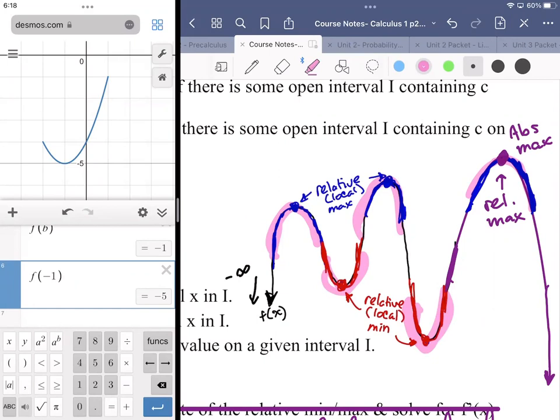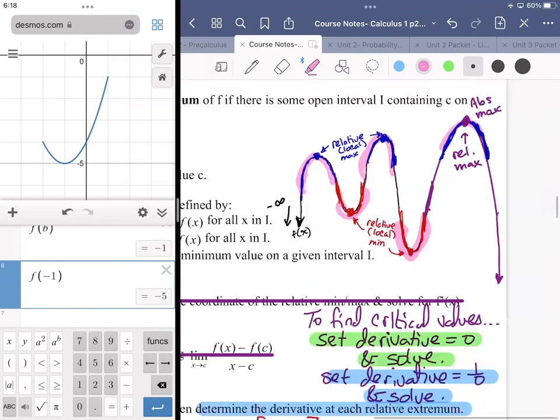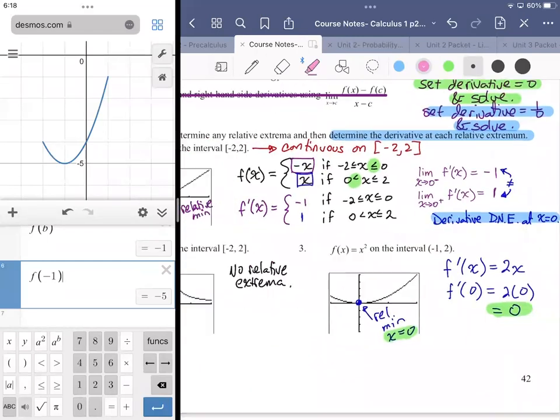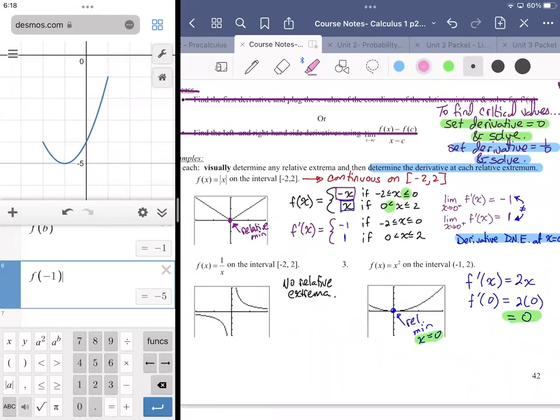Those critical values are instances in which the derivative is either equal to 0 or 1 over 0. Just by identifying the instance in which the derivative is equal to 0 or undefined, just like we did with these graphs here, if we have a nice continuous function, just by identifying the turning point, we can identify the corresponding critical value. But analytically, we tend to want to go the other way, where we're not even looking at the graph.